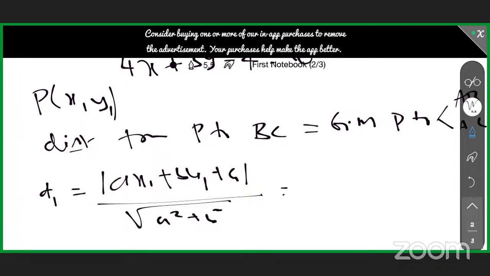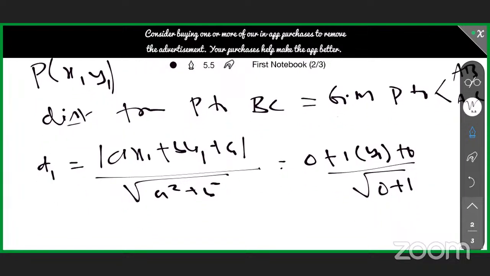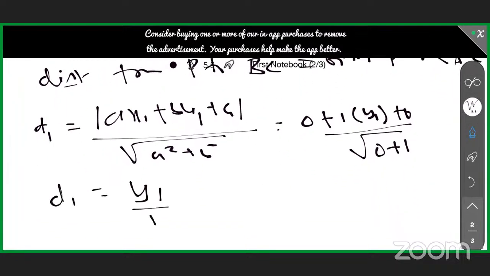The equation is y is equal to 0, so this is 0 plus b value 1, 1 into y1 is y1, plus 0, divided by root of 0 plus 1 square. Therefore, D1 is equal to y1.